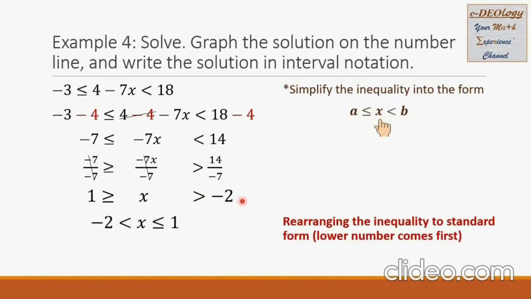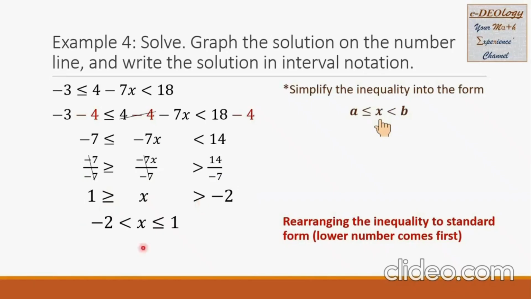But let us rearrange the inequality to standard form, which means the lower number comes first. So this negative 2, I'm going to write here first. But when we do the rearrangement, make sure that the inequality is also on proper arrangement. So in here, the negative 2 comes first.